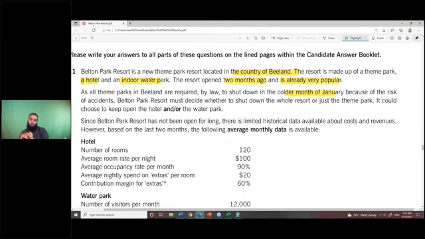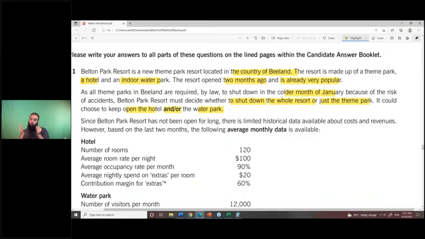Because of the risk of accidents, Belton Park Resort must decide whether to shut down the whole resort or just the theme park. So they have to take a decision whether they should close the entire resort or open the theme park. It could choose to keep open the hotel and or the water park, so they can even operate one or both.